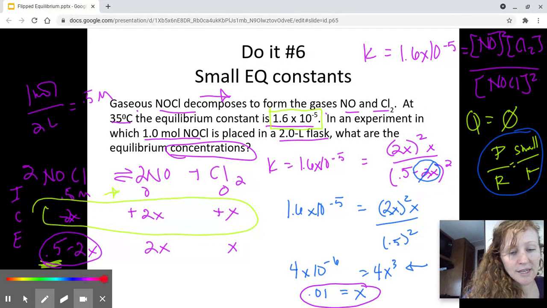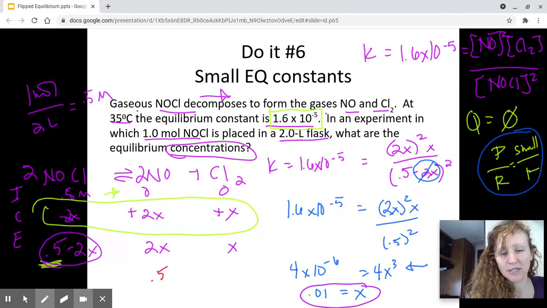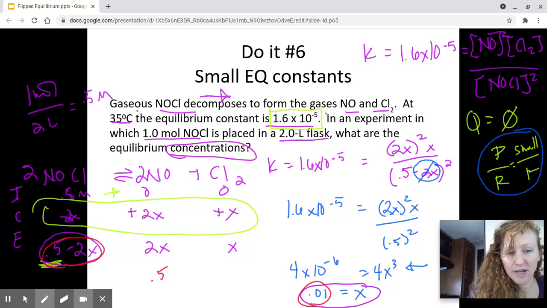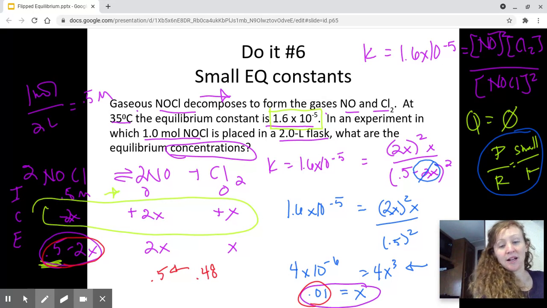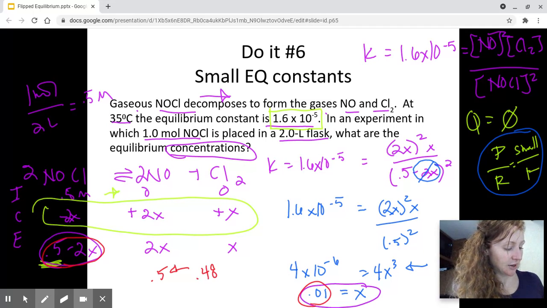So for example, if I take my assumed amount of NaCl versus if I were to plug this into this equation, right? 0.5 minus 2 times 0.01 would be 0.48. So is 0.48 within 5% of my initial NaCl amount? I don't know. Let's find out.